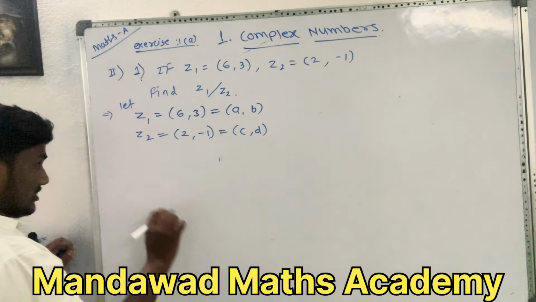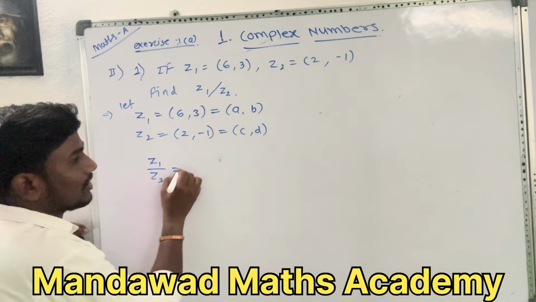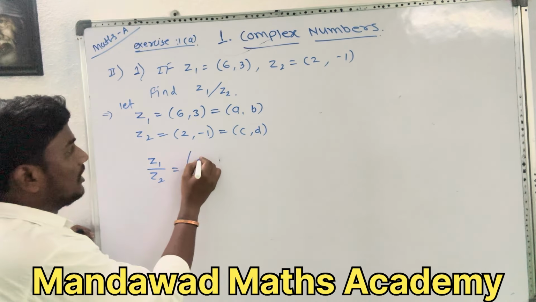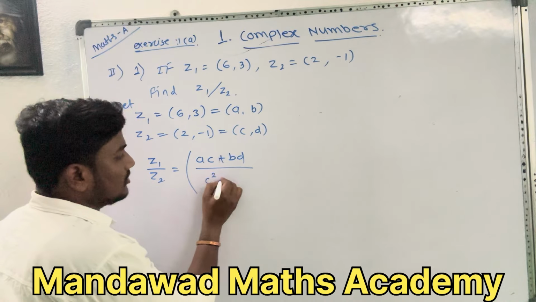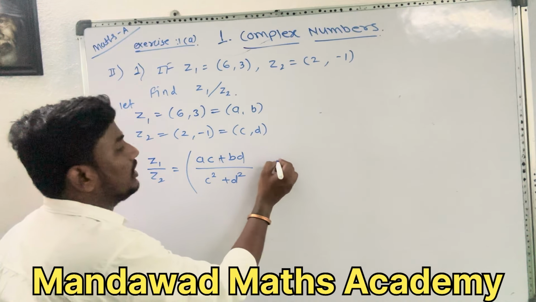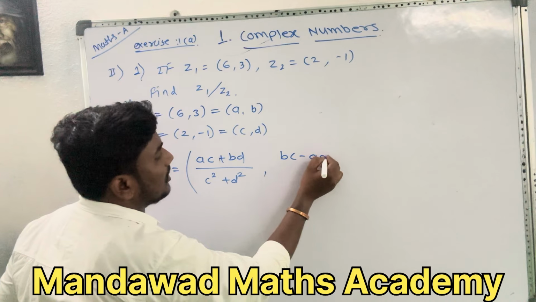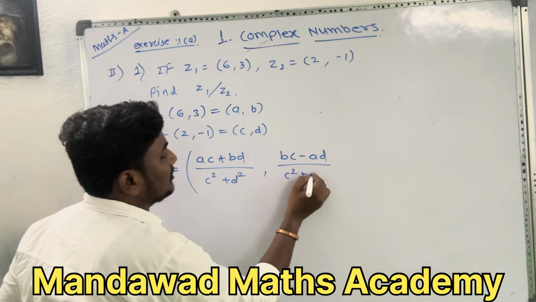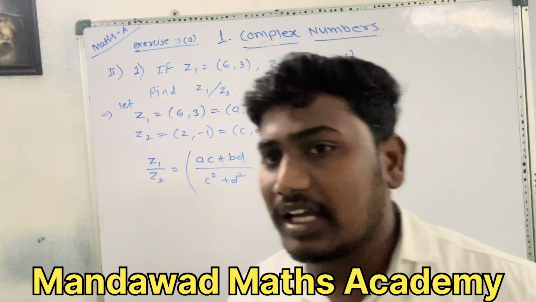So what is z1 divided by z2? We know the formula: (AC plus BD) divided by (C square plus D square), comma, (BC minus AD) divided by (C square plus D square). Substitute all values in this and we get the answer.